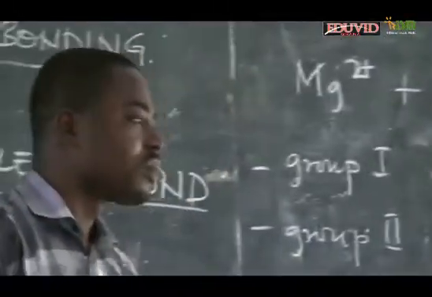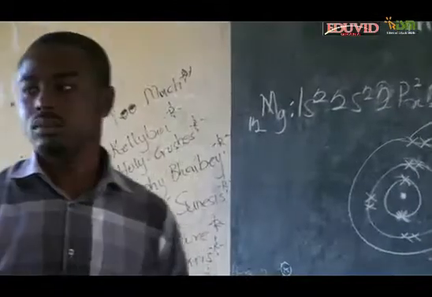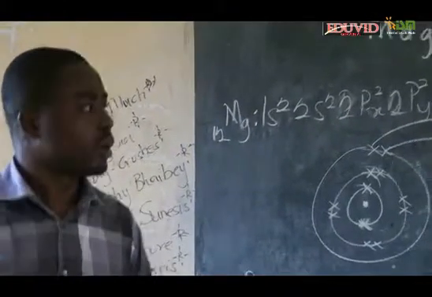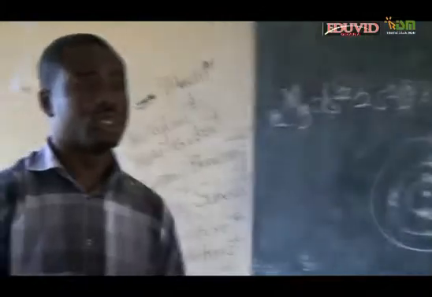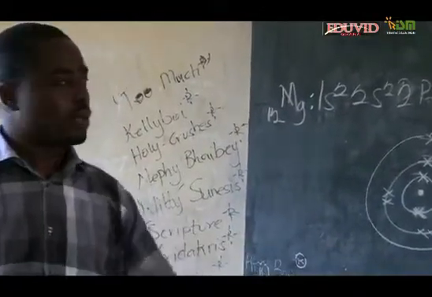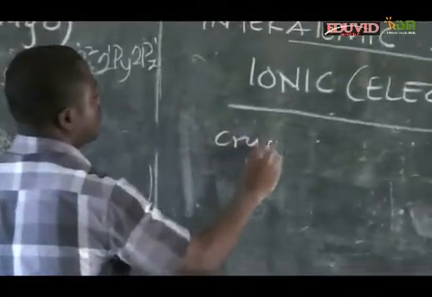Before we move to the lattice structure of the ionic compounds, how do they look like? Any other question? Okay, so let's look at that. It means that within every ionic substance, we should expect only ions there. So the arrangement of the ions in the structure gives rise to what we call the crystal lattice.